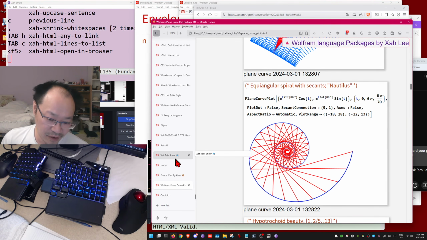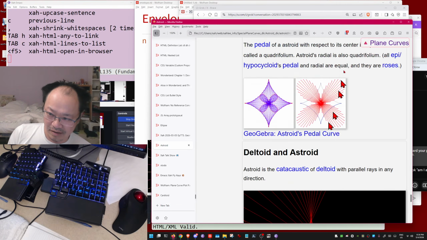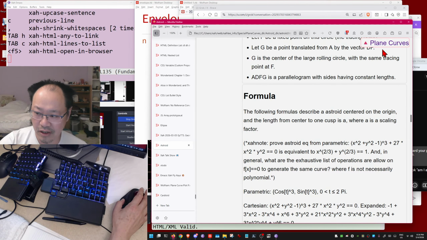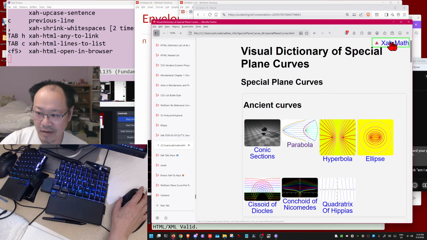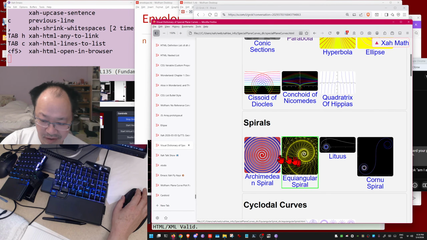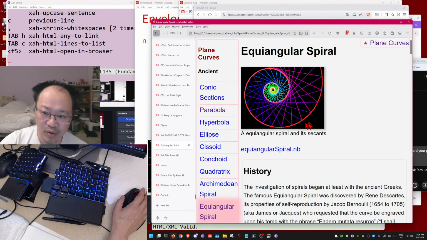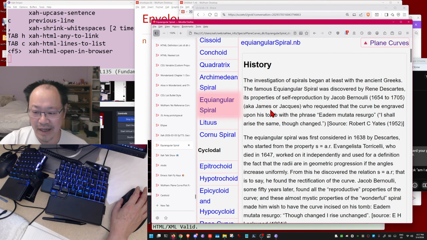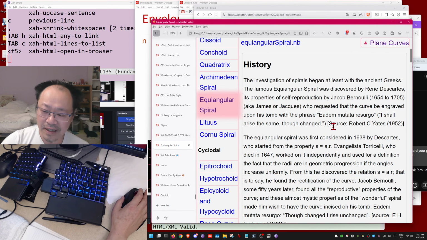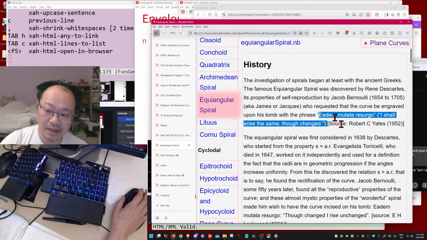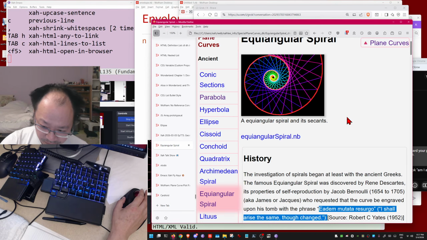Of course, it's also on my website, the visual dictionary of special plane curves. You go there, you go to spirals, and there is this one, the equal angular spiral. The mathematician Jacob said, when I die, I want this curve inscribed on my tomb.